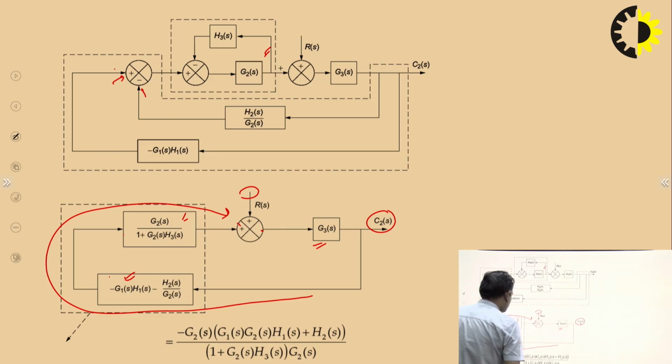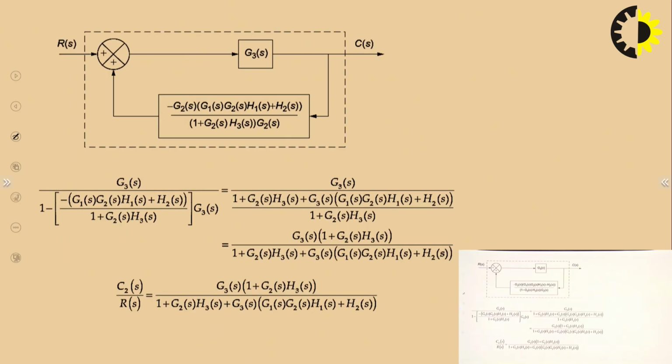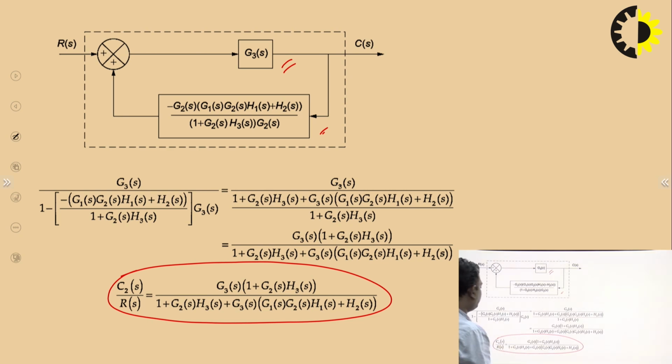Okay. So when you solve it, you can see in the next step we can make it like this. You can see the calculation easily, and then you can apply this: G3S is the forward path gain, and this is the feedback path gain. Okay. So that's why you will get the output C2S by RS this time. Okay. Meaning RS applied at station 2, we are having the output.